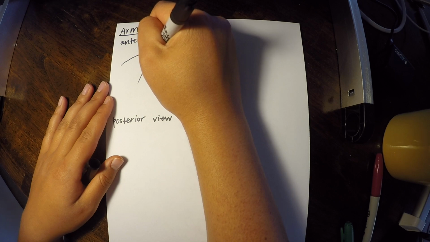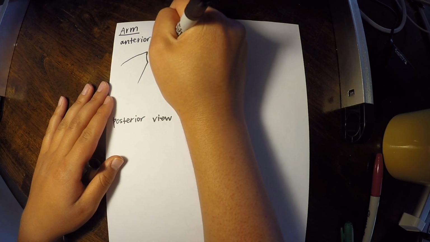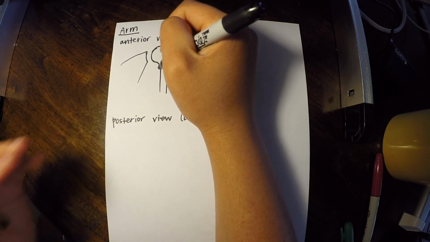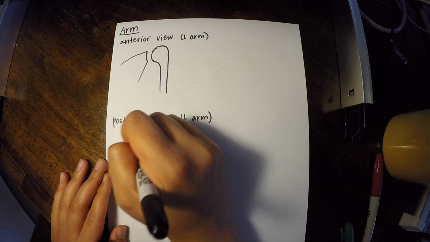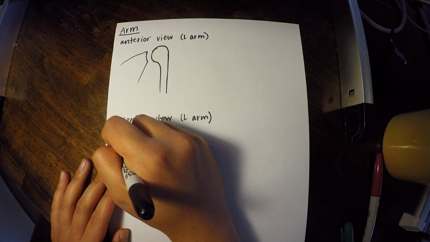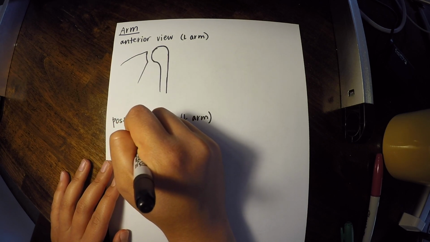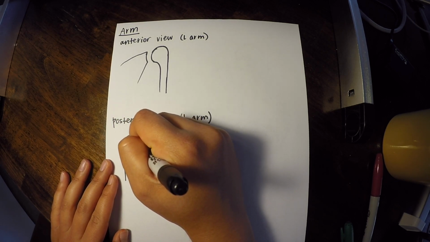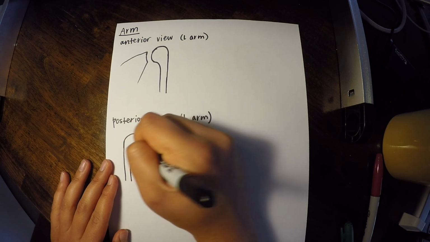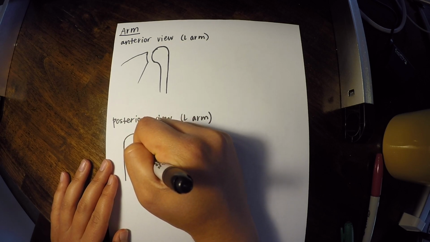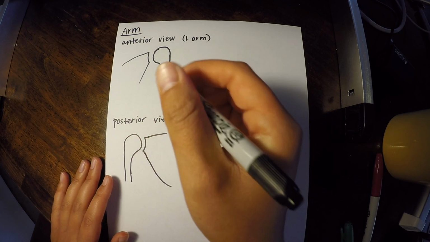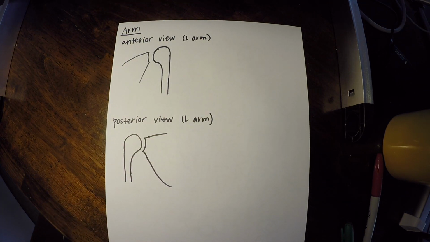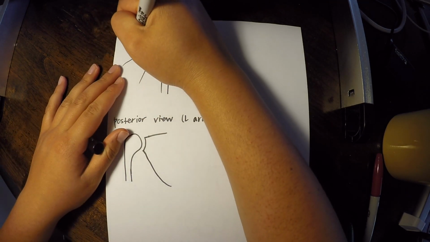And then our humerus. Same thing in the posterior view. Alrighty. I think that's pretty much all we need. Oh, we need one little thing poking through right there.